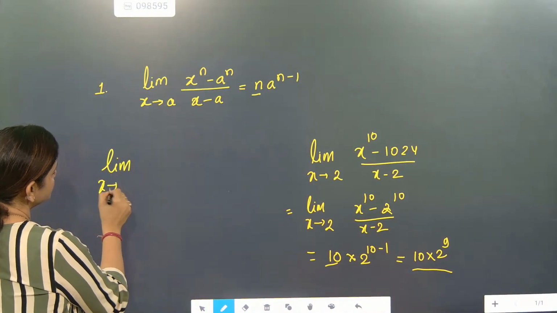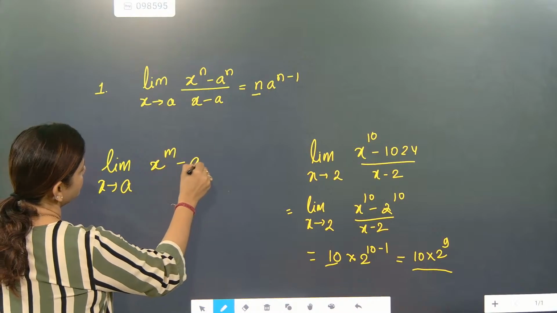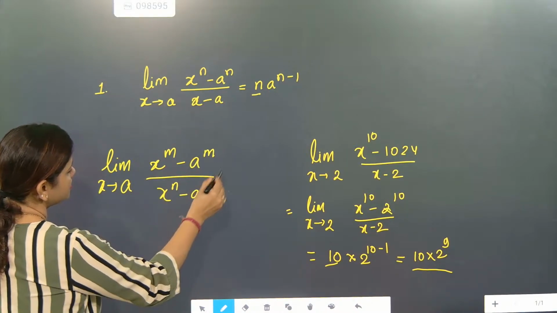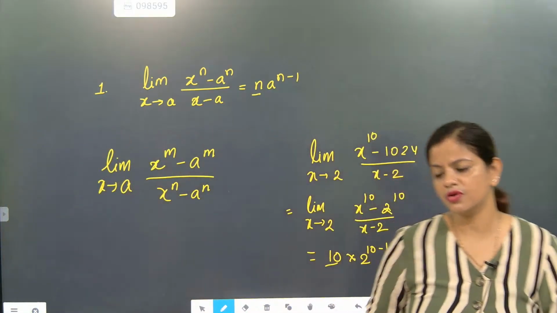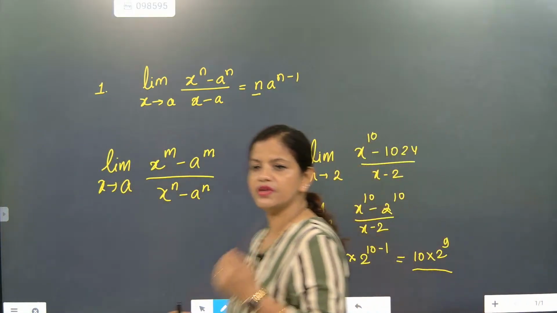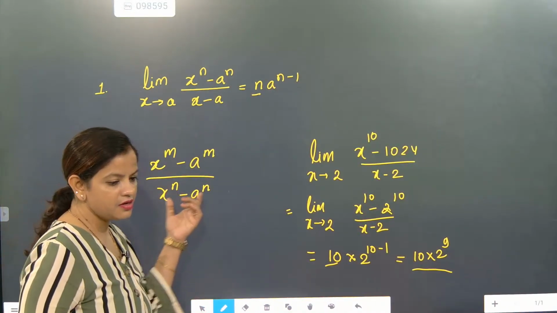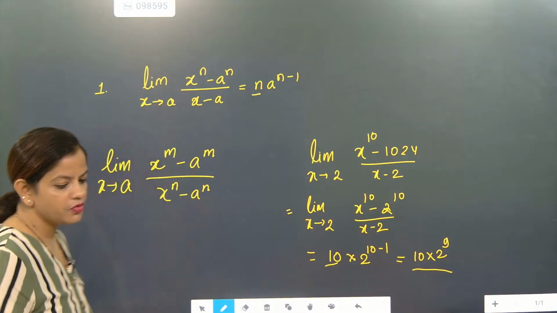Limit x tends to a, x to the power m minus a to the power m by x to the power n minus a to the power n. If they ask you this question, then how are you going to proceed? When this part is there, how are we going to proceed?